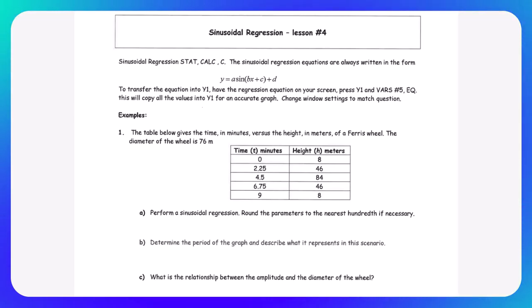Now, just to remind you, a regression acts as an average line for a set of data, and we've looked at a couple different kinds. You can have exponential regression, logarithmic regression. We're going to be looking at some quadratic regression and cubic regression later on.